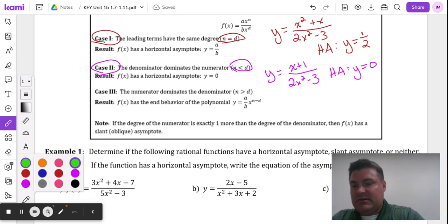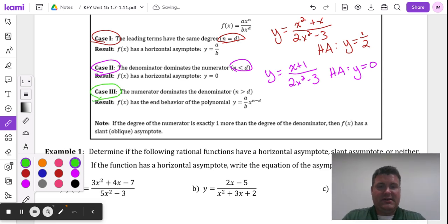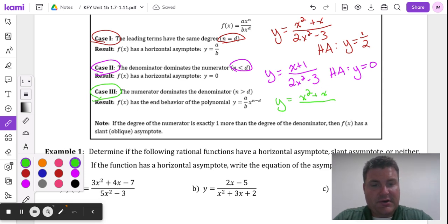The next case, case 3, is when the numerator has a higher power than the denominator. An example is y equals x squared plus x all over 2x plus 1. The numerator has a higher power, so our end behavior is not going to be horizontal anymore.